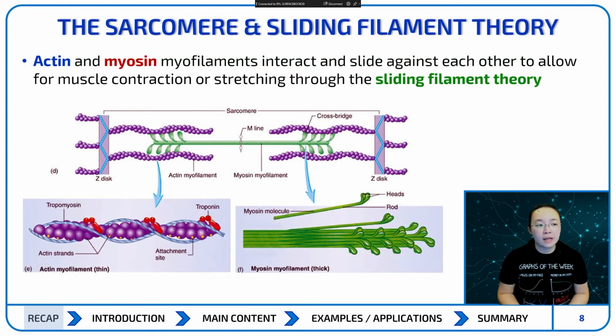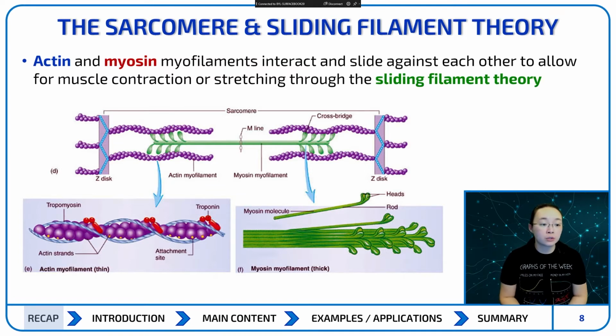Now, one of the things that you should really understand is what the sarcomere is, which is the basic unit of a muscle cell, or a contractile unit of the muscle cell. And you should also understand what the sliding filament theory is. So I won't go through everything in detail. You can take a look at the previous lecture.